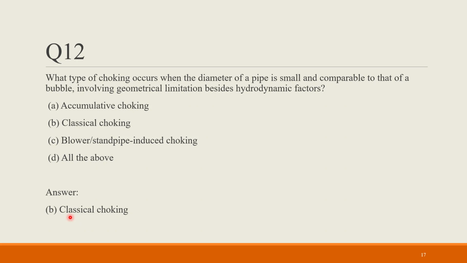When slugging occurs, classical choking happens. Slugging happens when the diameter of the bubble is very large compared to the diameter of the column. In other words, the diameter of the pipe is very small compared to the diameter of the bubbles, so it involves geometrical limitations. The answer is classical choking, or option B.